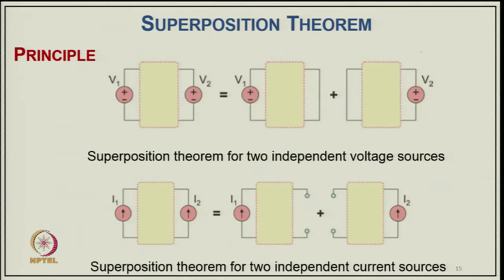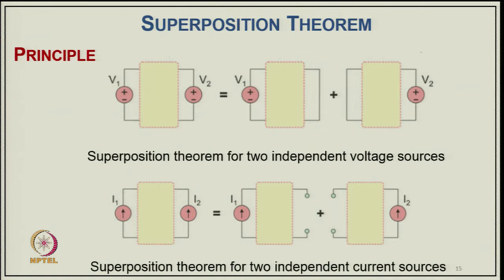The basic principle is like this circuit, where we have two sources V1 and V2. This is equivalent to applying V1 and then applying V2, and the result is the sum of the responses of both. That is superposition for two independent voltage sources.